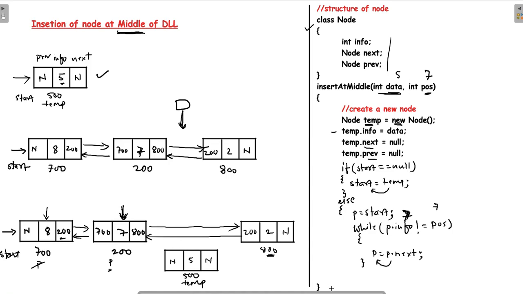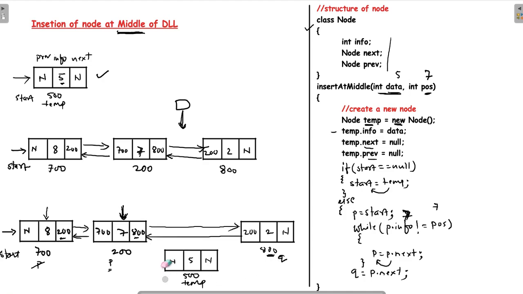So we'll copy it into some variable. Let's say there is a variable called q, and after this loop I'll be copying p of next to q. Now what is p of next? It is 800, which you have copied to q. So q is 800. This is your q.